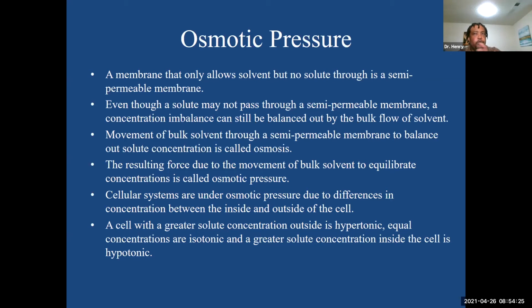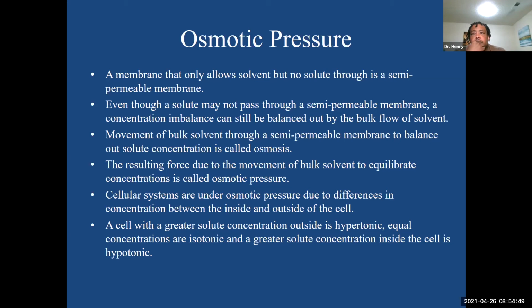That movement is called osmosis, okay? So when we talk about osmotic pressure, we're talking about the pressure associated with that movement of our solvent to try to equilibrate both sides of the membrane.